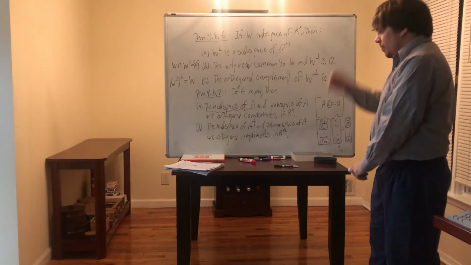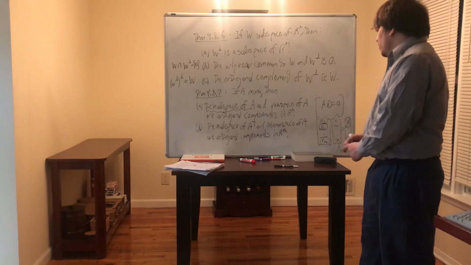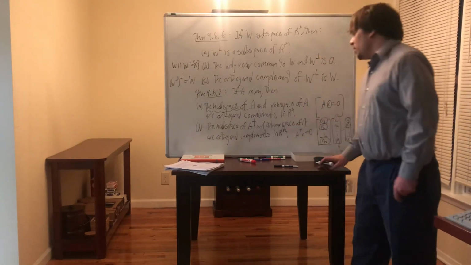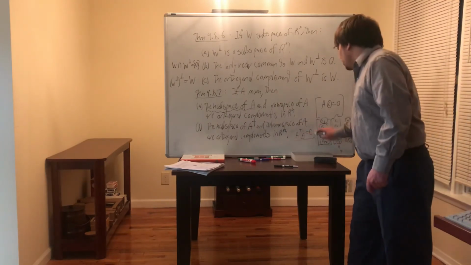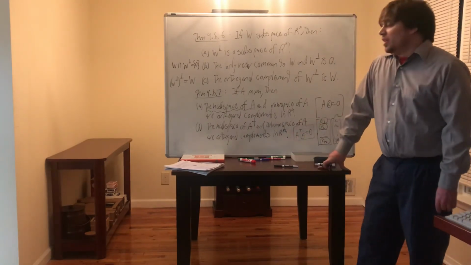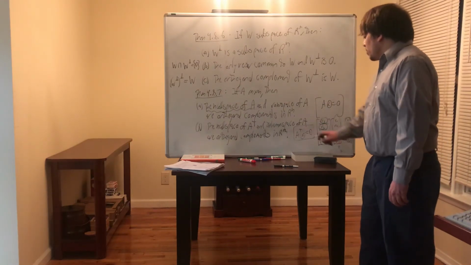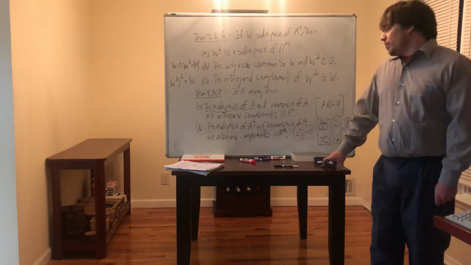Okay. If you take A transpose x equals 0, the null space of A transpose is the set of all solutions x to A transpose x equals 0. And so the solutions x are orthogonal to all the rows of A transpose.